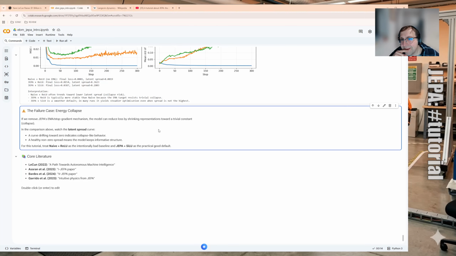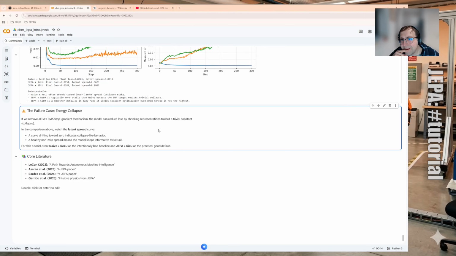And so, very importantly, I'm going to repeat this again, the EMA stop gradient prevents this because the context encoder has an incentive to produce diverse representations, and the target is trying to match a lagging, more structured version of itself.